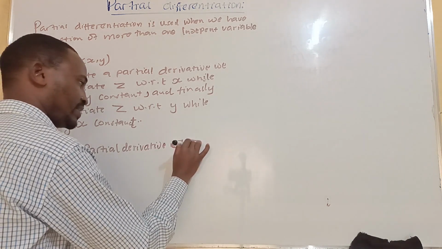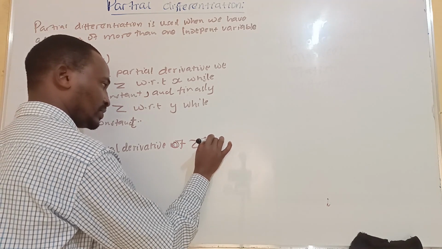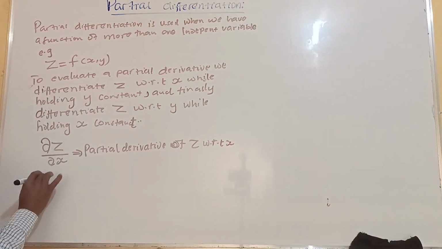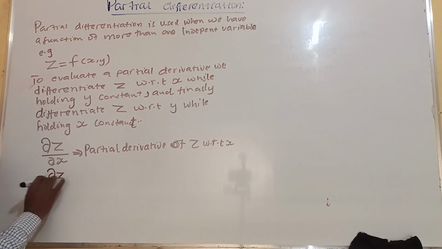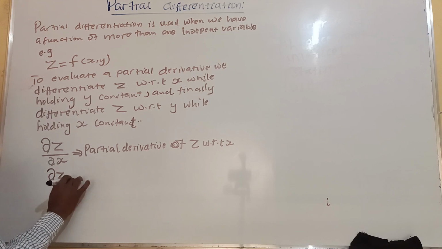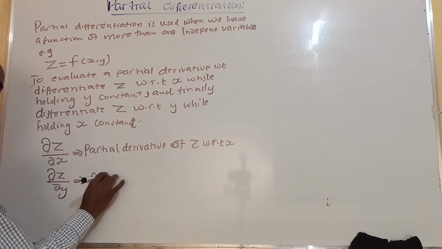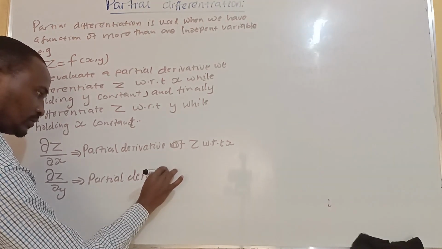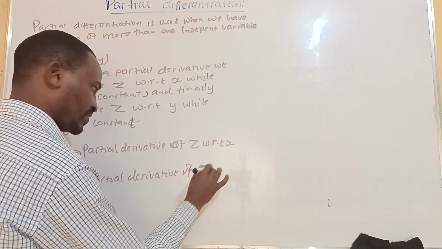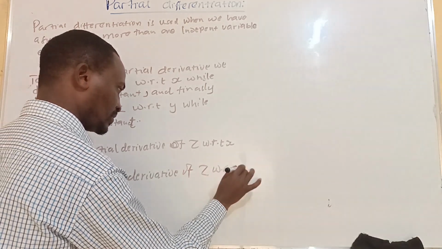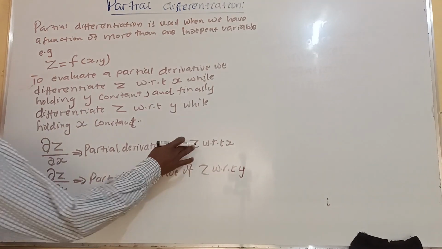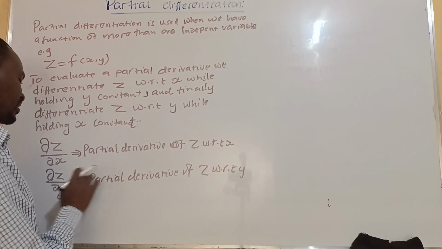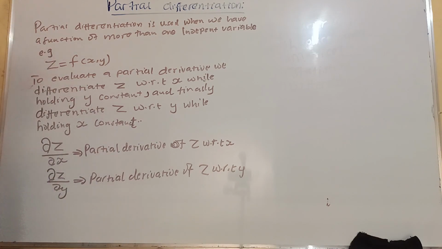So here, this is the partial derivative of z with respect to x. This one is the partial derivative of z with respect to y. Of course, here we'll be holding y constant, or you'll be treating y as a constant, and here you'll be treating x as a constant.